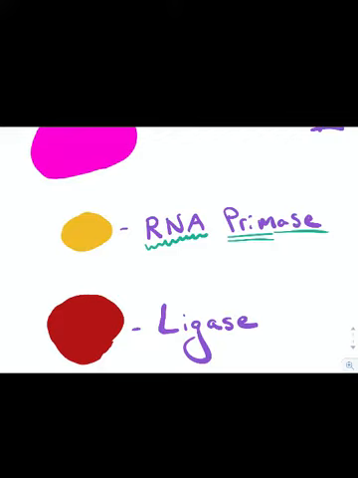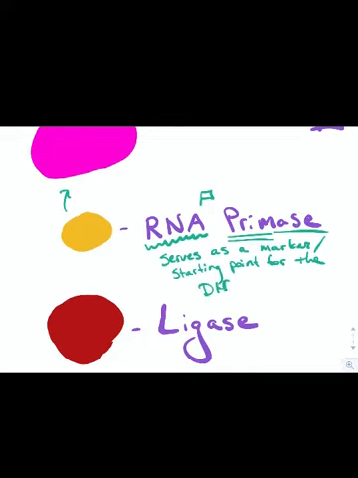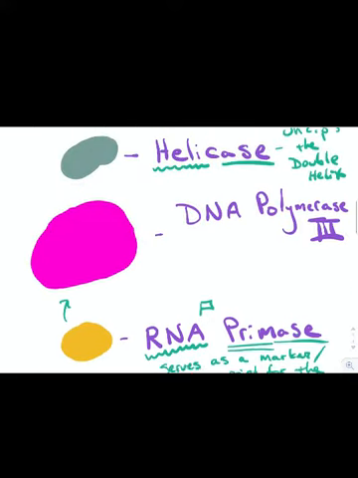The RNA nucleotides act like a little flag that says to the DNA polymerase, hey, you can start doing your job here. So RNA serves as a marker, or starting point, for the DNA polymerase.